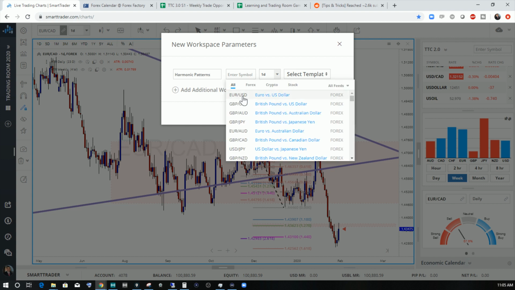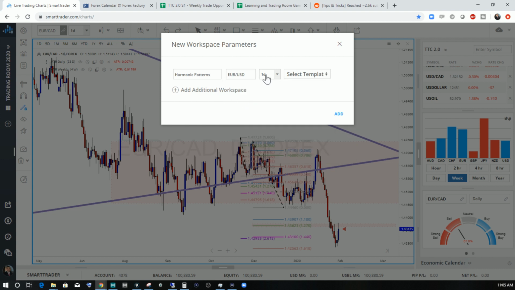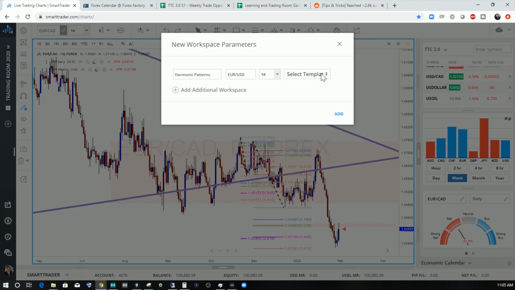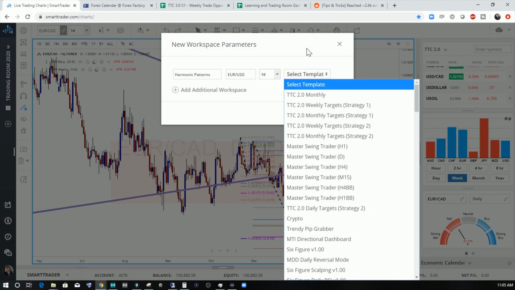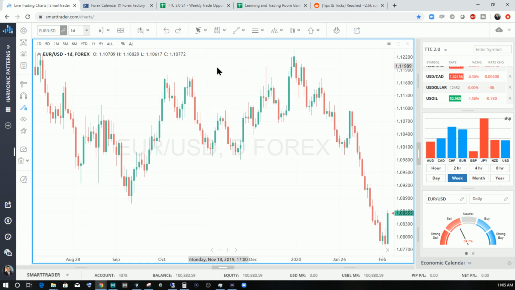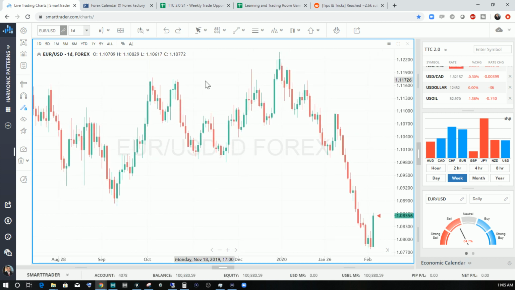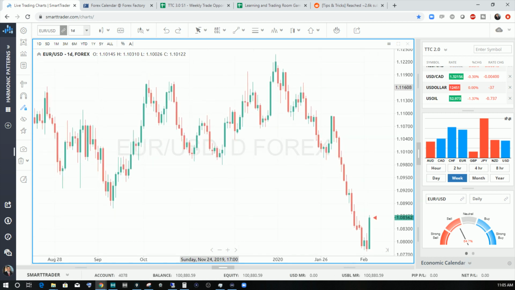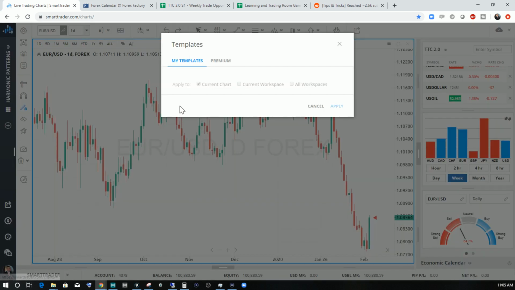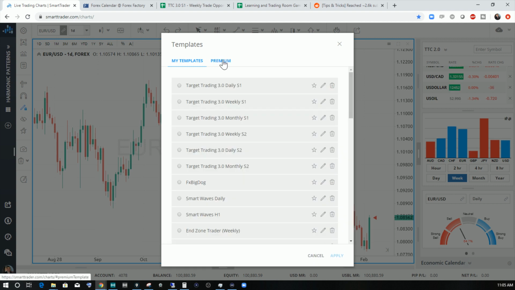Now, I'm going to pull up the first currency pair that I have on the list right here, and I'm going to change this to the daily time frame. I want to use the daily time frame, and I'll change the template in a moment. I'm going to add this. So I've created a new workspace called Harmonic Patterns. I've got a template I like to use, so I'm going to apply a template right here.